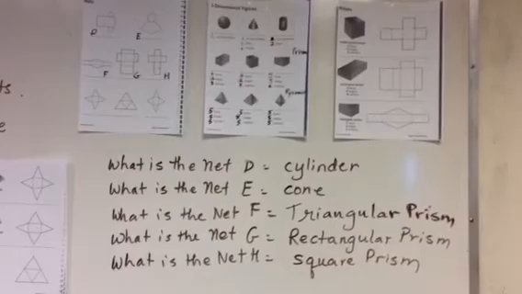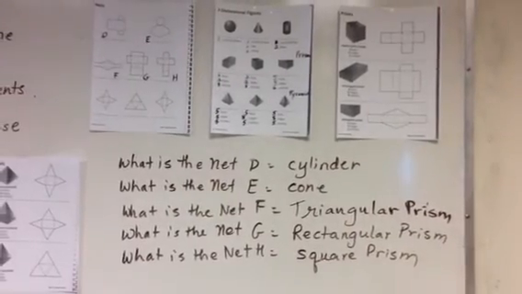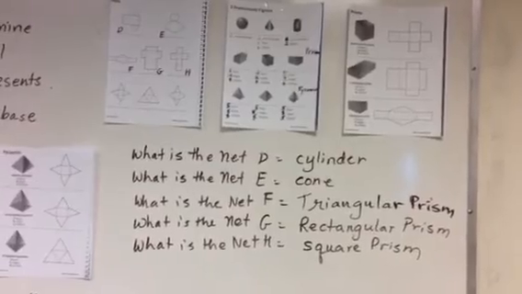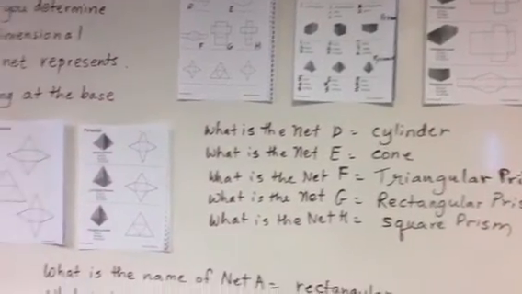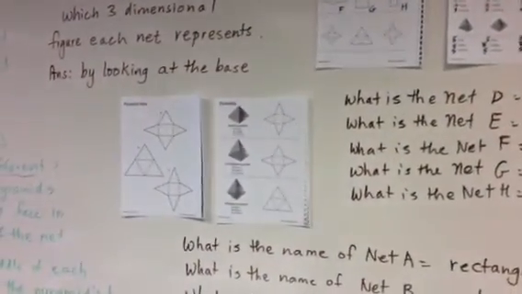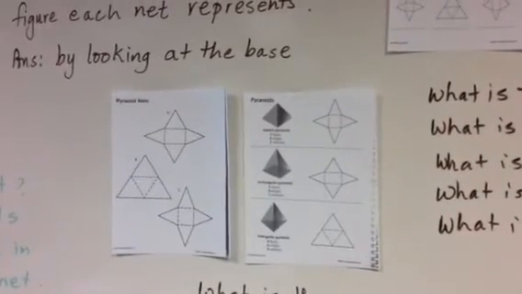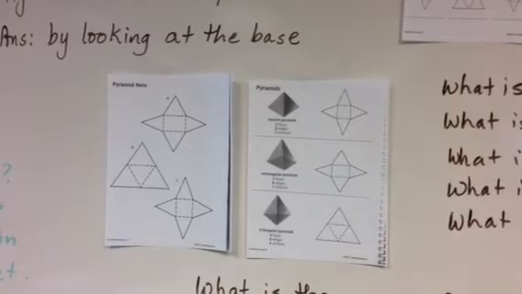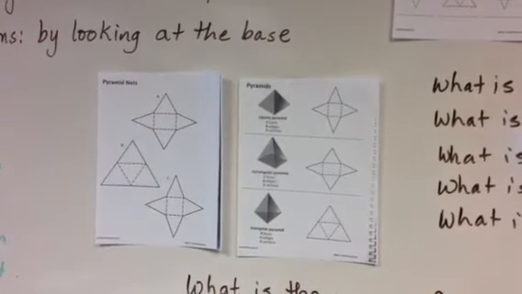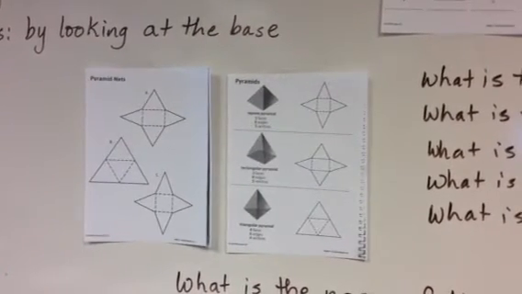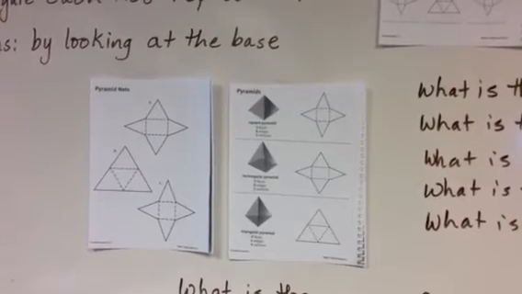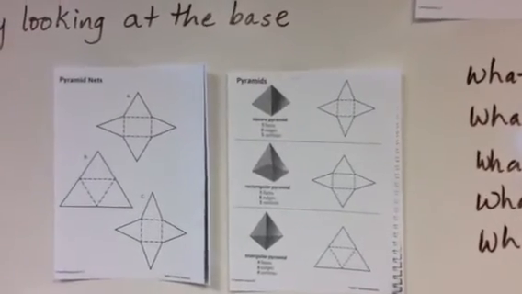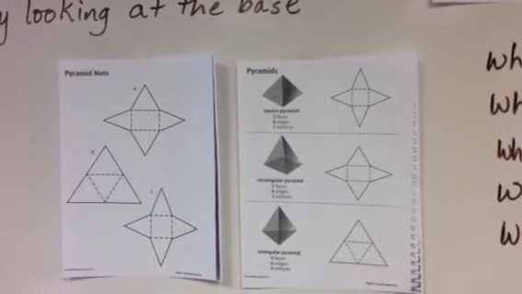And what is net H? It's a square prism. And the bottom ones are pyramids, which we already did over here, so I didn't want to go and tell you. Net A is a rectangular pyramid, net B is a triangular pyramid, and net C is a square pyramid. And then the number of faces and edges and vertices are given.